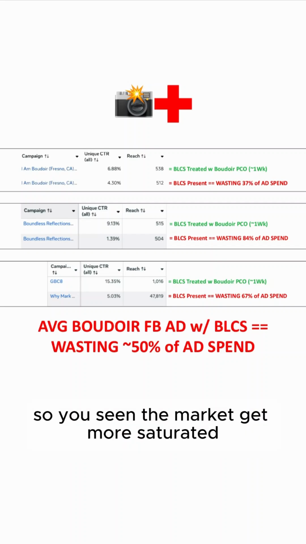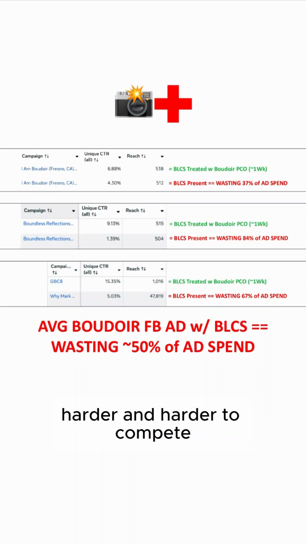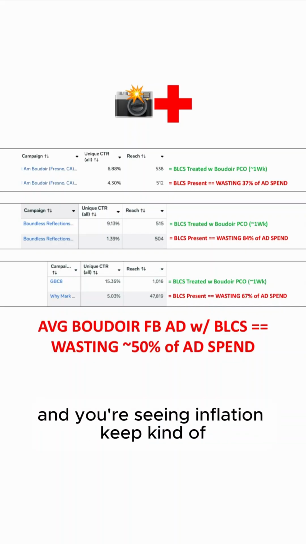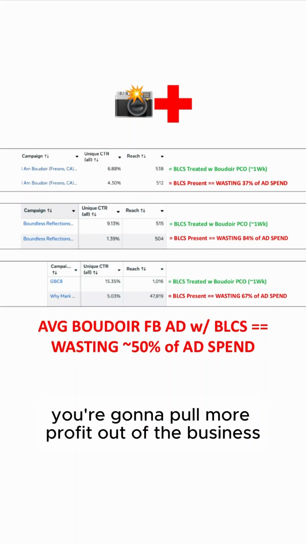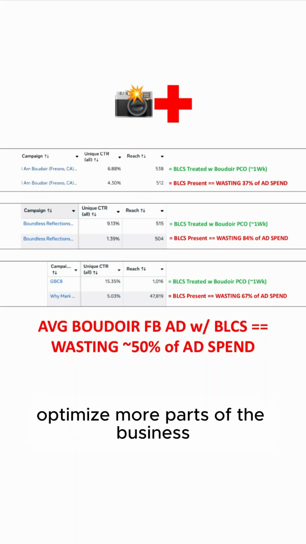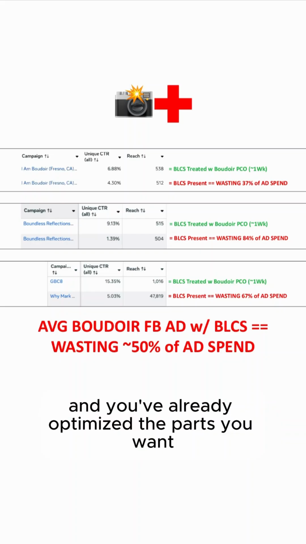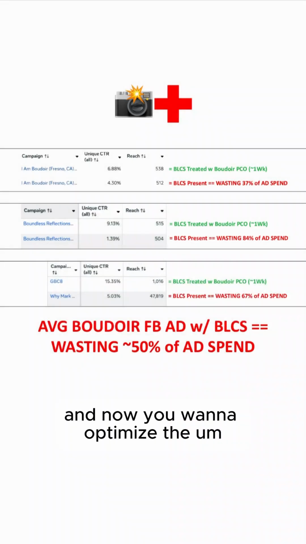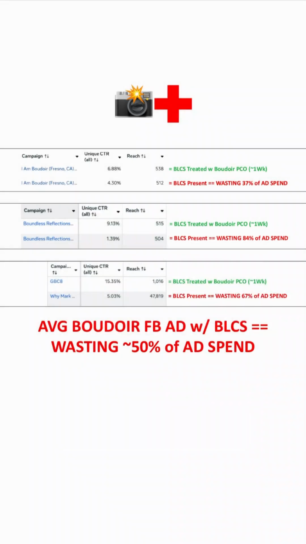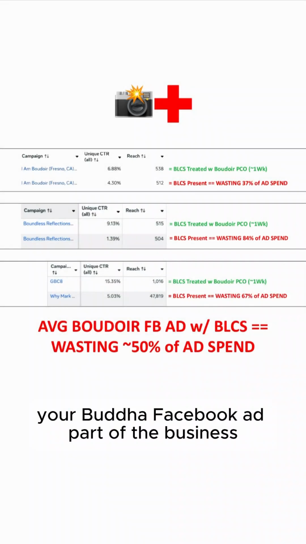So you're seeing the market get more saturated, harder and harder to compete, and you're seeing inflation keep raging around us. And you decide you're going to pull more profit out of the business, optimize more parts of the business, and you've already optimized the parts you want, and now you want to optimize your boudoir Facebook ad part of the business.